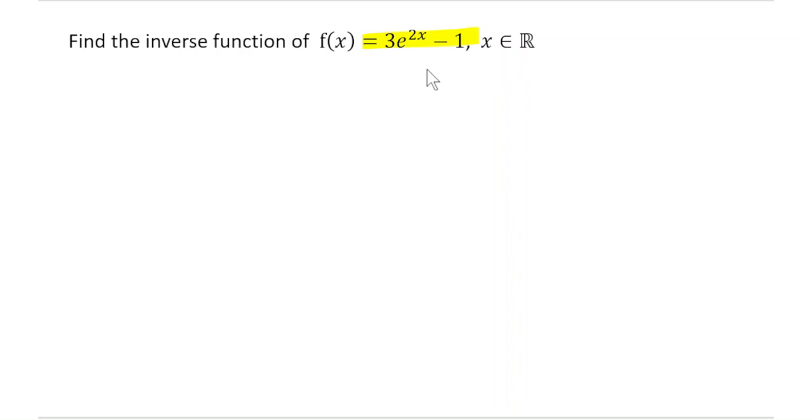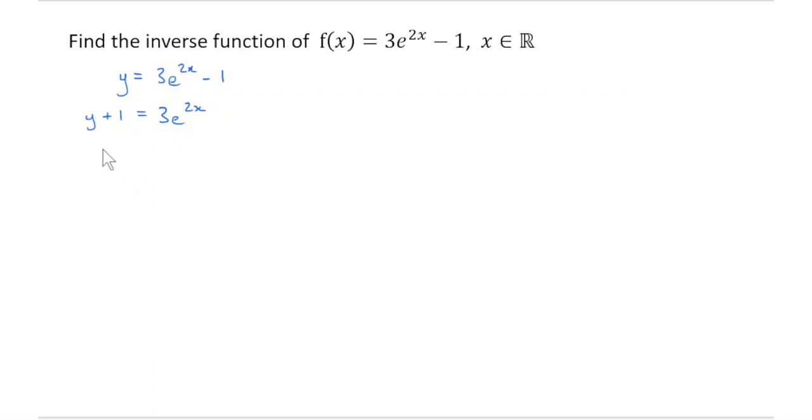Okay, well, let's do a little bit of rearranging, shall we? So y is equal to 3e to the 2x minus 1. So y plus 1 is equal to 3e to the 2x.